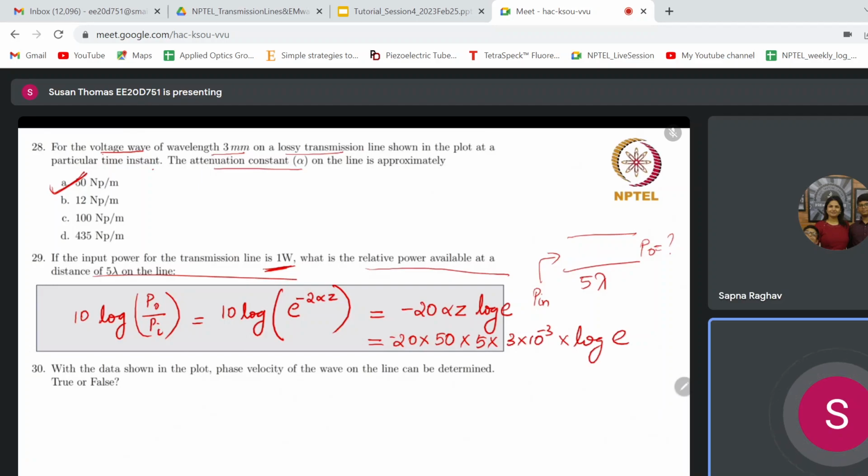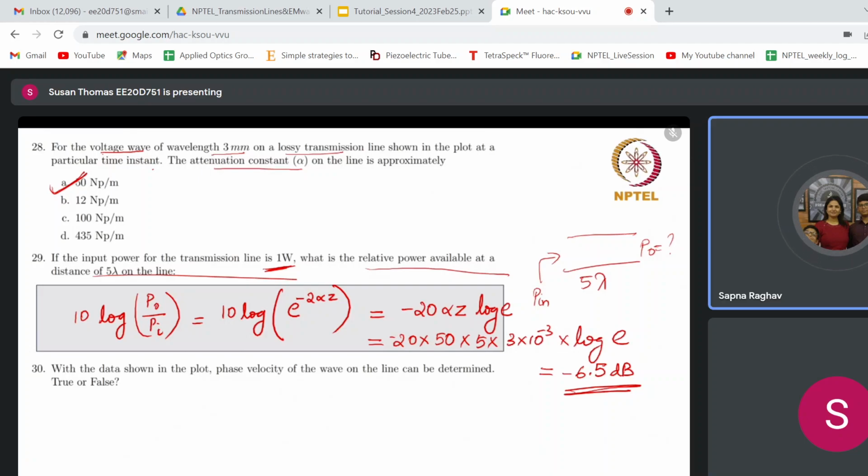Once you simplify and get the answer, you must be getting minus 6.5 dB. Hope this is clear. Yes, ma'am. Okay, so moving on to the third part of this question.